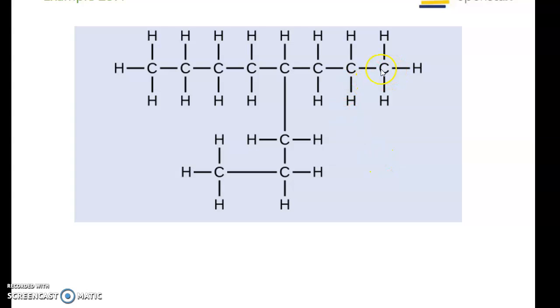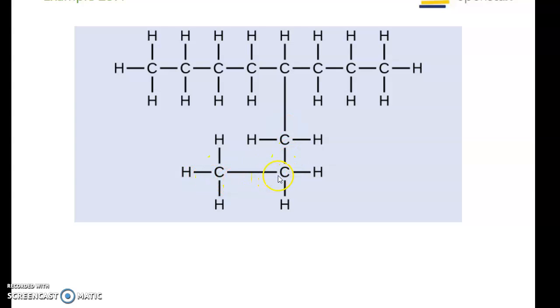Here we're going to take the smallest number from here. 1, 2, 3, 4, 5, 6, 7, 8. So this is going to be octane. And then it's going to be 4. And this right here is 1, 2, 3, right? So this right here is going to be propyl.